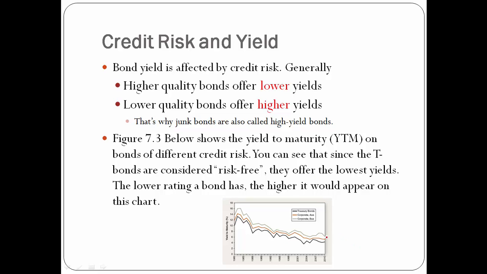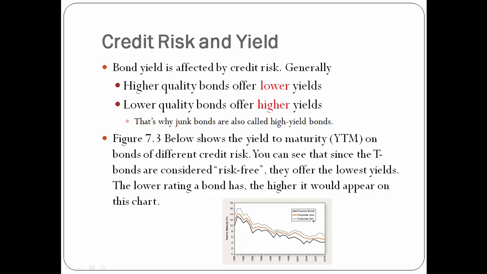If you are interested, take a look at this figure here. These are yields to maturity on bonds with different credit risk. You are looking at the yellow curve, which is for a AAA rating bond, and the green curve here is for BAA rating bonds.